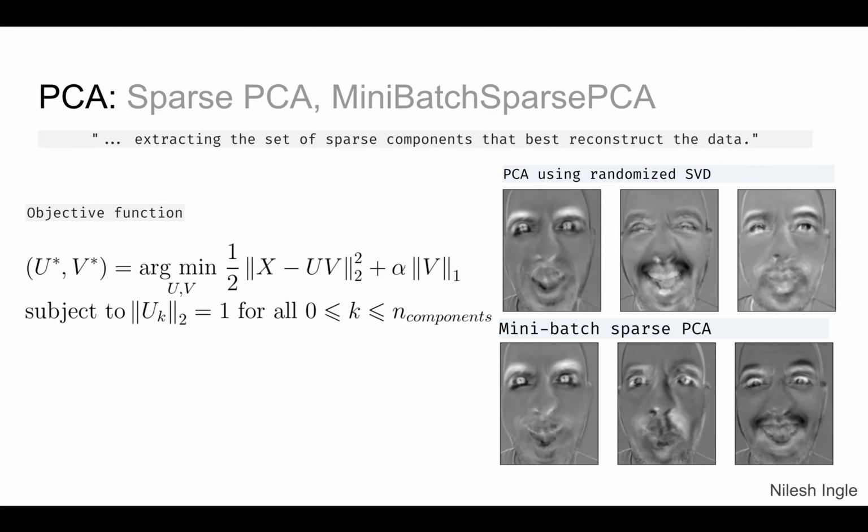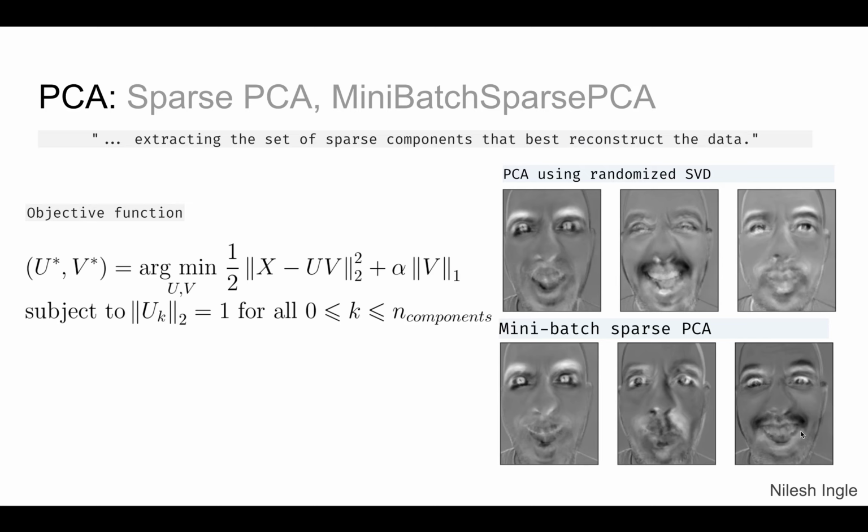Then we have sparse and mini-batch sparse PCA. In case of mini-batch sparse PCA, as the name indicates, the processing is based on mini batches of data as compared to the sparse PCA. And here is the representation again of the same 10 images.